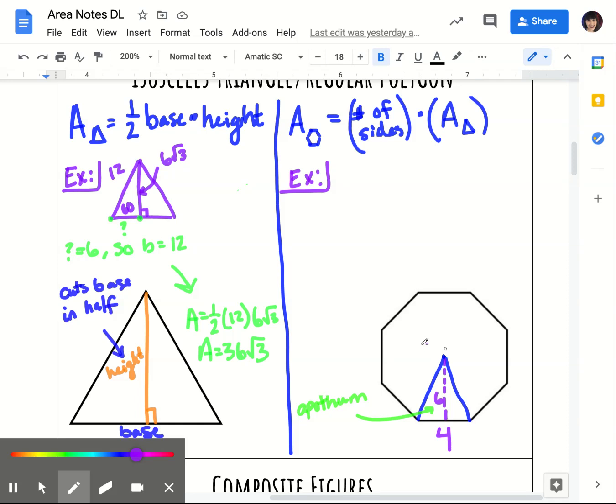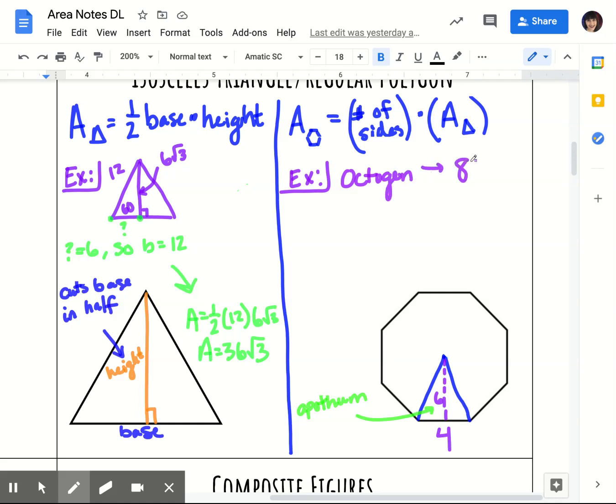Okay, so the area. I'm dealing with an octagon, right? Which means I have 8 sides. I told you that one of the side lengths is 4, so that's the base of my triangle, and I told you that the apothem, or the height of my imaginary triangle, is 6.